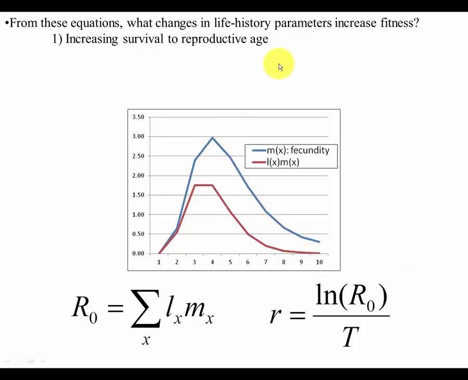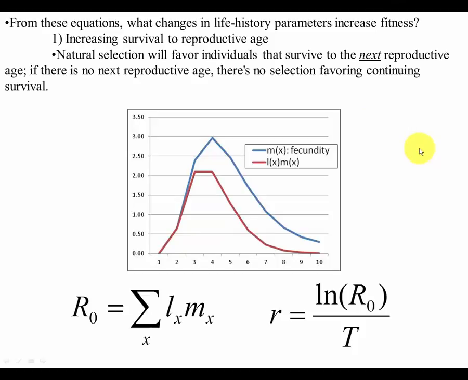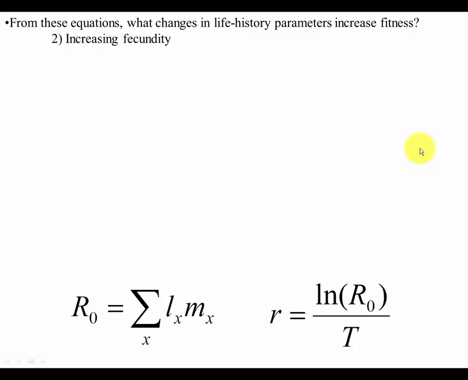But to go back to our topic at hand, it really helps in terms of your lifetime reproductive output, your lifetime fitness, if you can survive to reproductive age. Increasing fecundity, of course, will also increase your lifetime reproductive output.